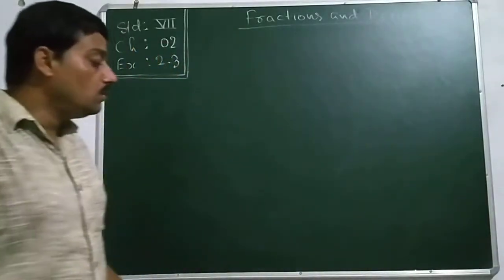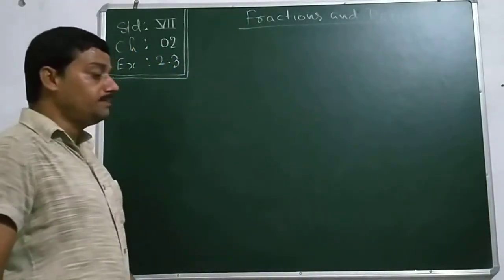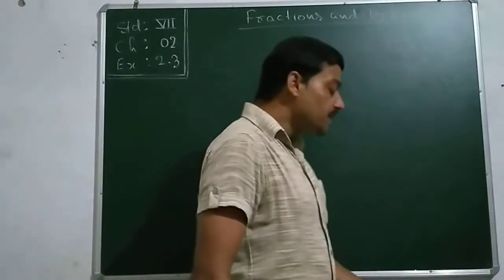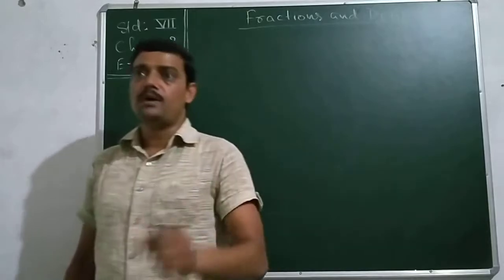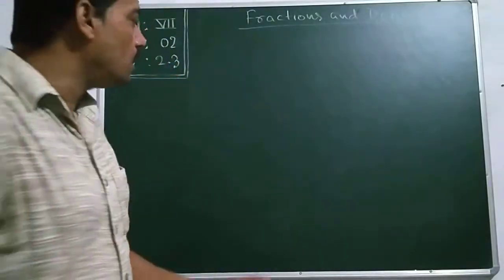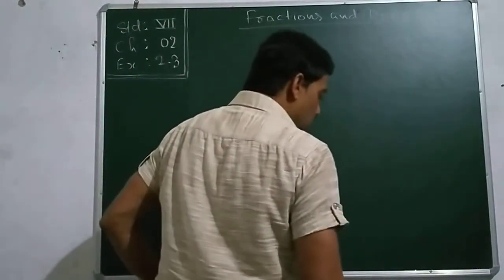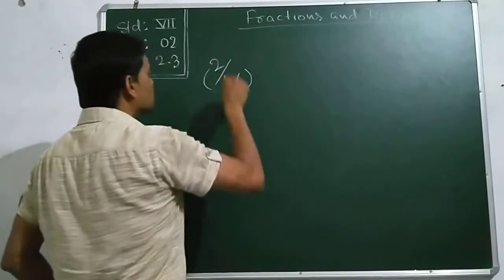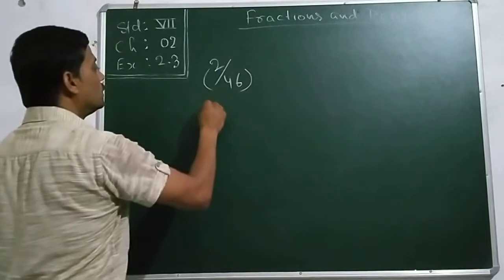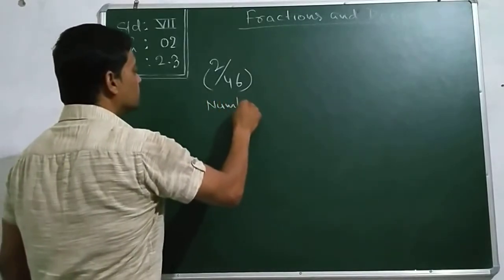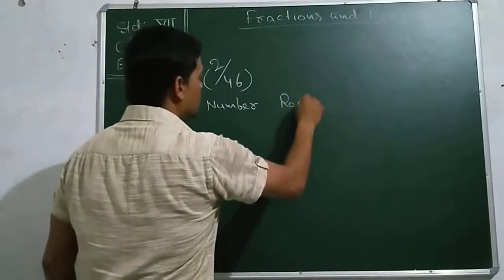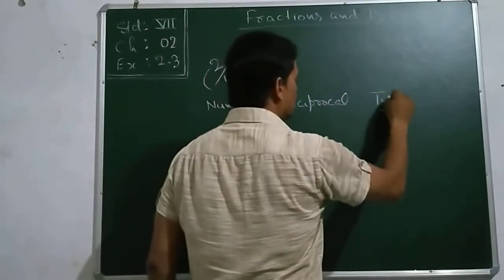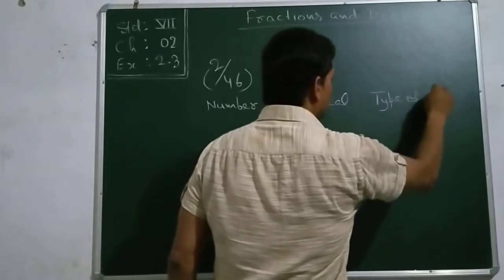You need to find out the reciprocal of the number and also write whether that reciprocal is a proper fraction, improper fraction or mixed number. So write like this: number, then reciprocal, type of number.